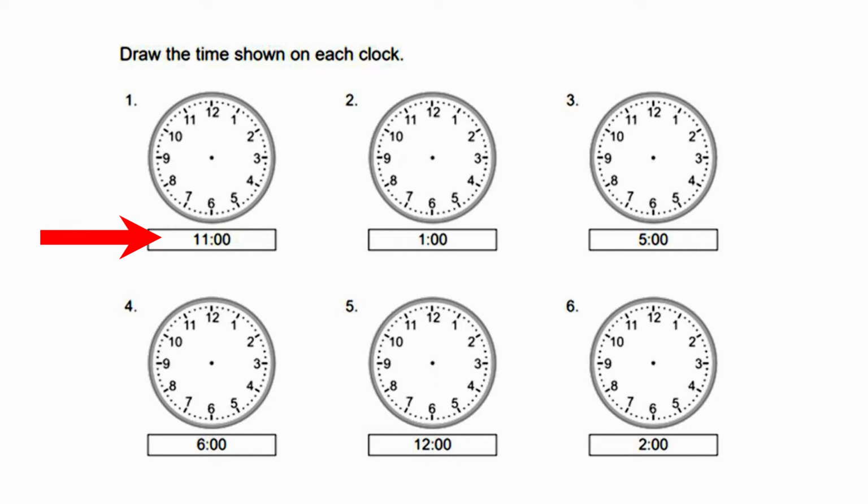First one, 11 o'clock or 11 hours. Number 2, 1 o'clock or 1 hour. Number 3, 5 o'clock or 5 hours. Number 4, 6 o'clock or 6 hours. Number 5, 12 o'clock or 12 hours. And number 6, 2 o'clock or 2 hours.